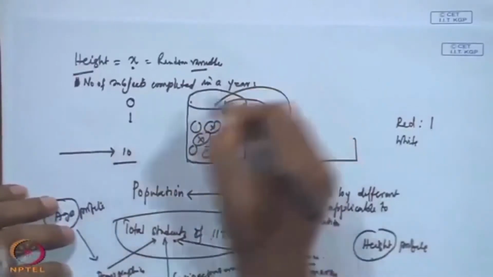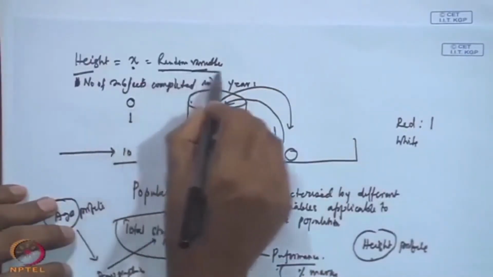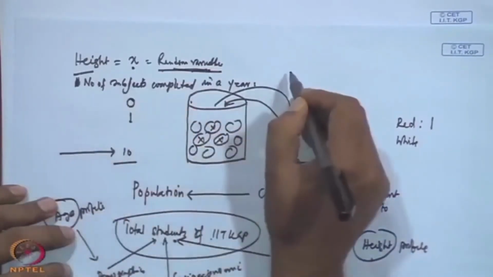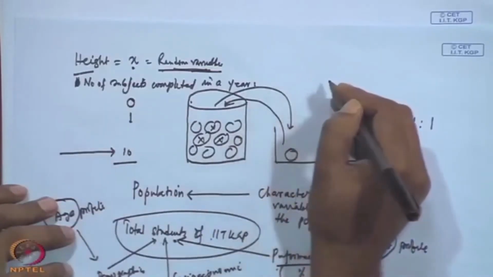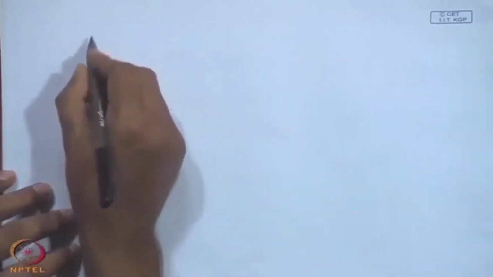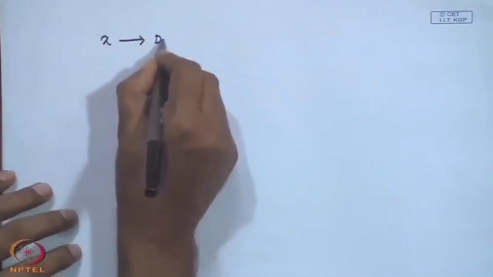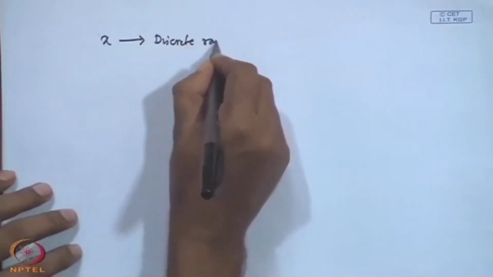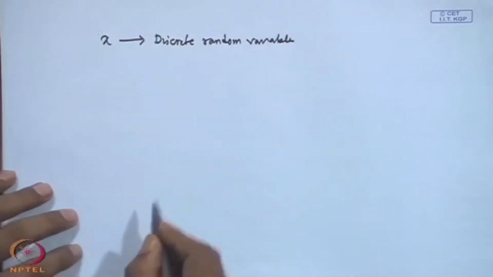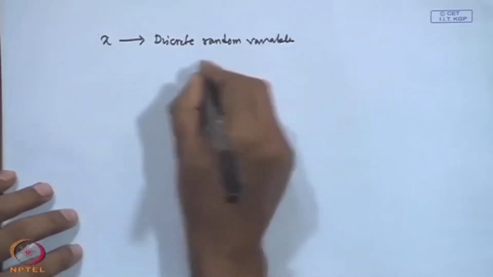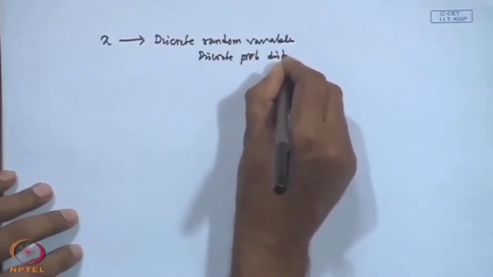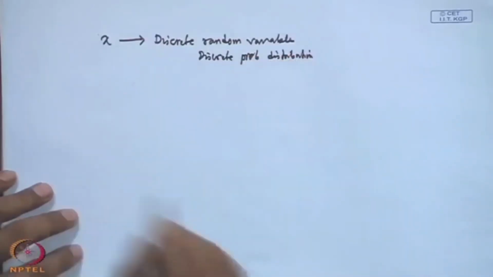So, depending on what type of random variable you have considered, you require to use a certain probability distribution. Last class I told you that if x is a discrete random variable, then you have to use a discrete probability distribution. We discussed it last class, but we have not said what those distributions are.